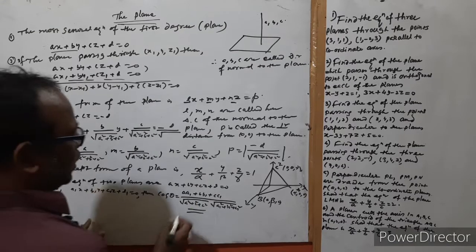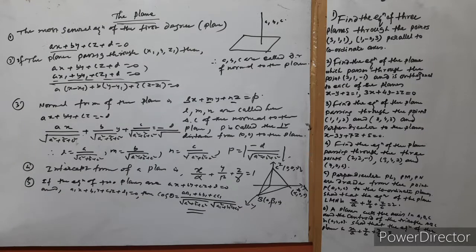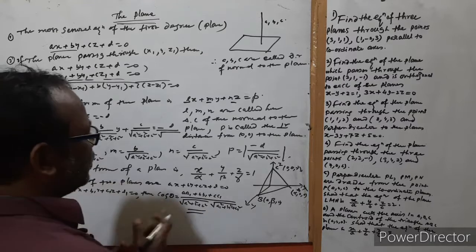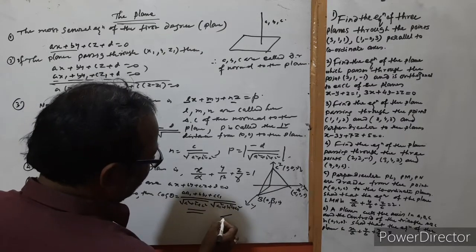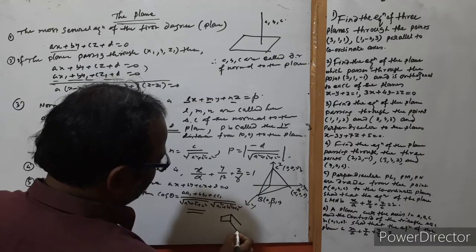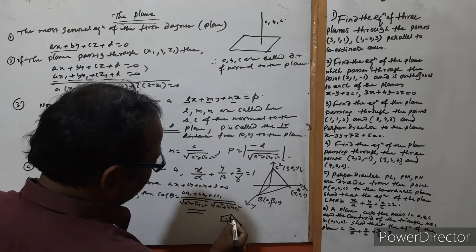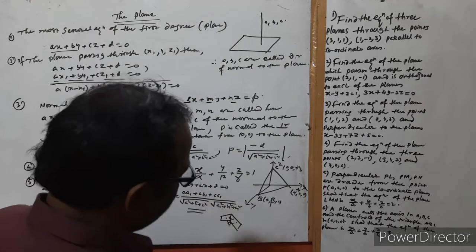Here a, b, c and a1, b1, c1 are the direction ratios of the normals to the given planes. The angle between the two planes is the angle between their normals: if the two planes are like that, this is normal, this is normal, and if this angle is theta, then it would be our theta also.